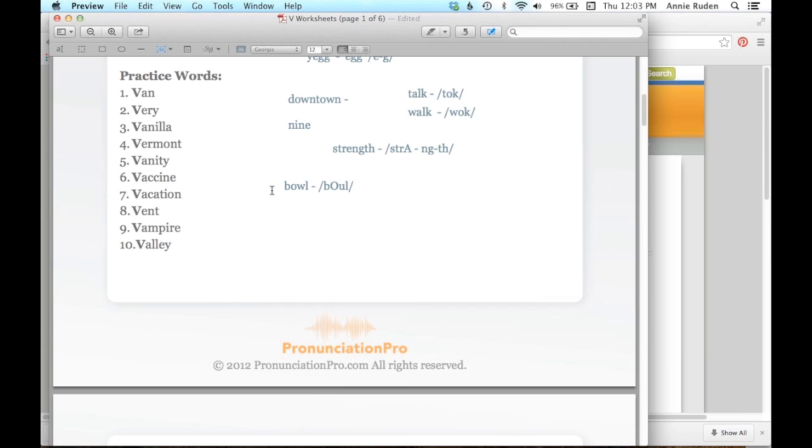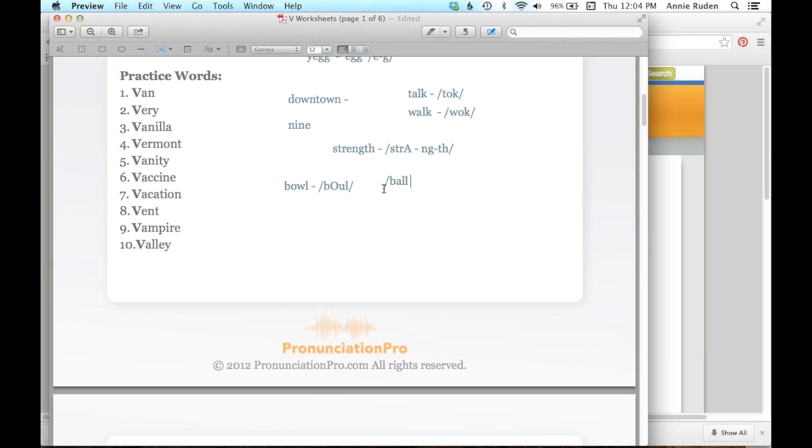If you haven't gotten familiar with Ruden phonetics, this B with the capital O just means a long vowel. It's saying the name of its letter. So that dark L is mentioned in week 3. So you'll have to practice bowl and then ball.